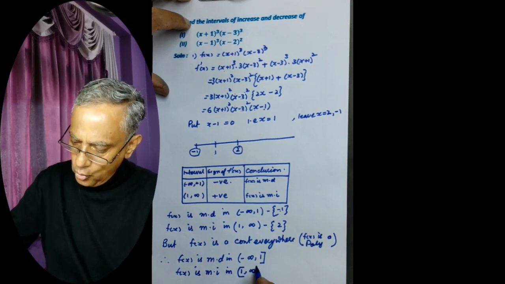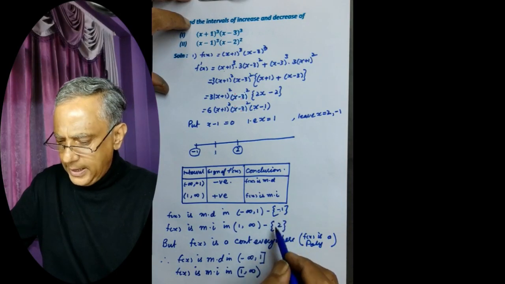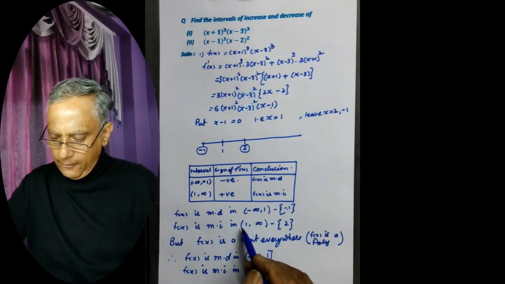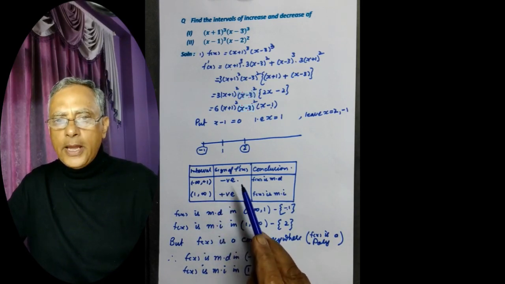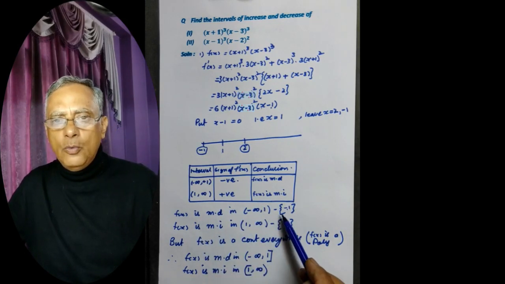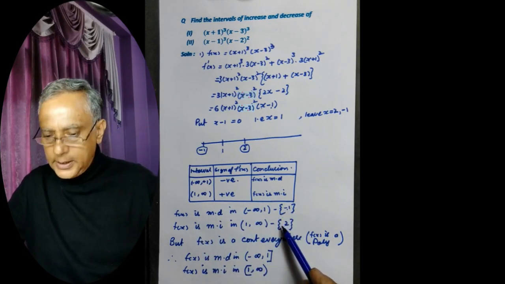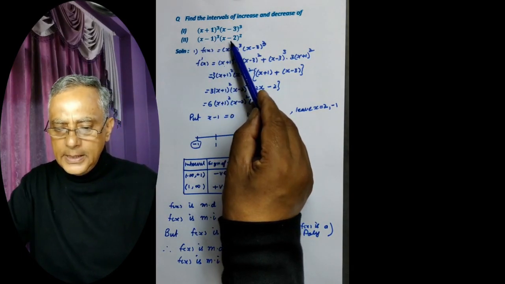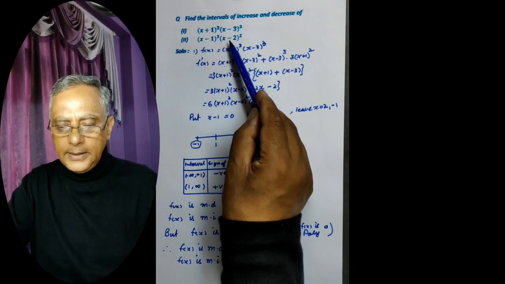We can include these points and the endpoints. We can include a finite number of points at which f dash x is 0 if fx is a continuous function. So this is the conclusion, and you can try this yourself.